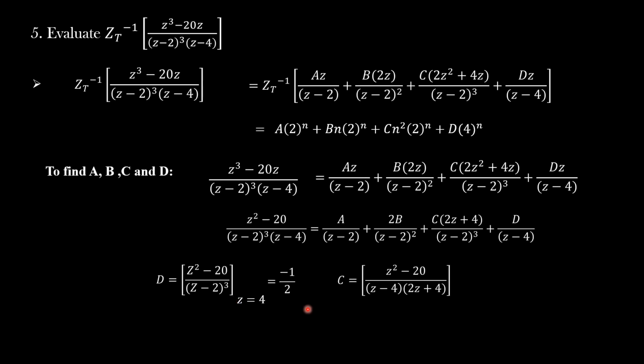And C is equal to (z² − 20)/((z − 4)(2z + 4)). By substituting z = 2, you will get C is equal to 1.